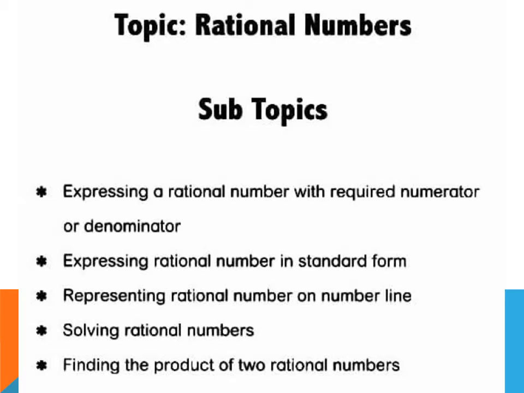Out of these 5 sub-points, we are going to discuss the first two in this class. From the number line part, we are going to discuss it in the subsequent class. So let's get started.